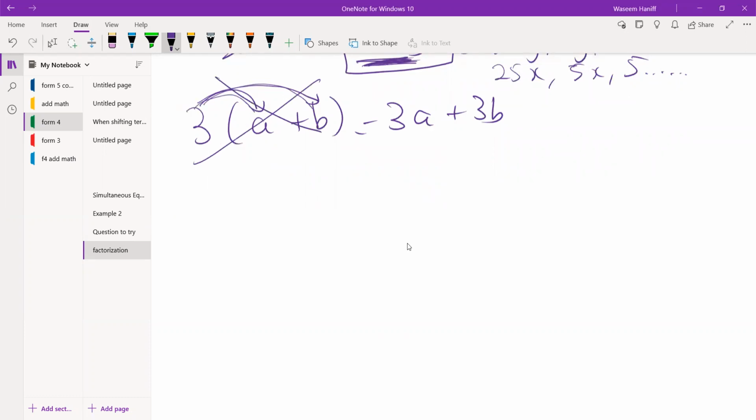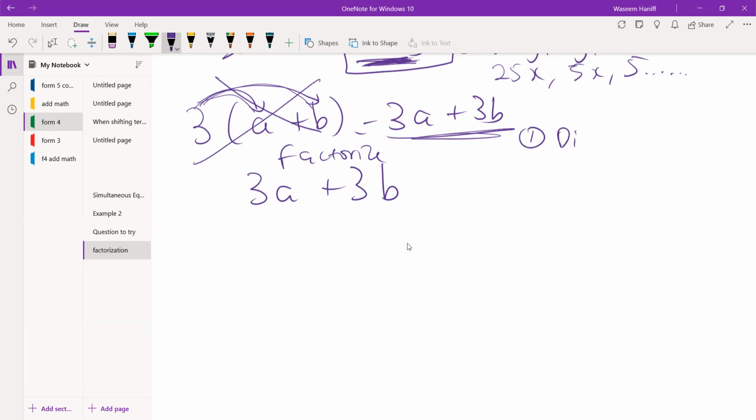So now forget about this. We have this expression here, 3a plus 3b. If we were to factorize this expression, we're going to do one thing. We're going to divide, and we're going to form brackets. But in order to do this, we must identify a common factor.